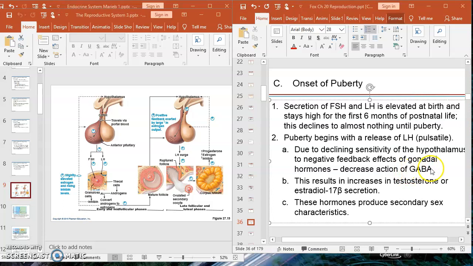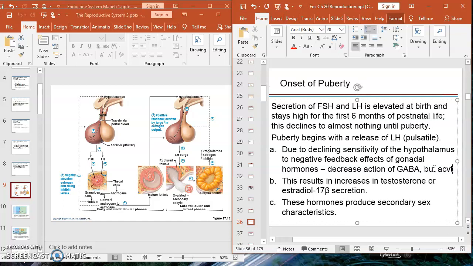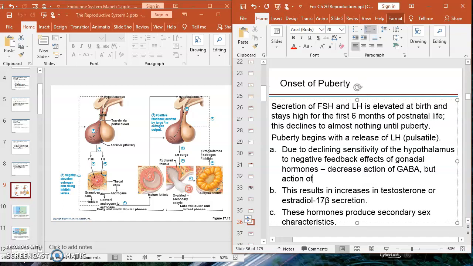Another thing is the action of the kisspeptins. So two things: the kisspeptins, mainly in the female, and the GABA decrease seem to cause the puberty.